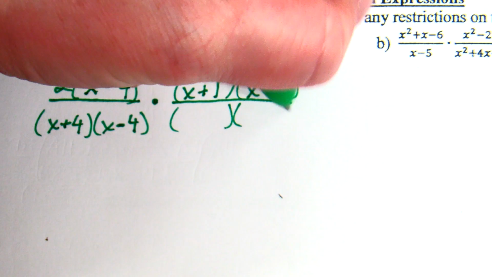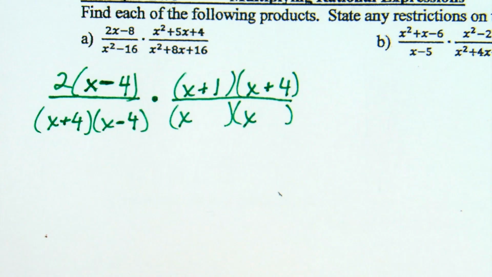Two parentheses. X squared is x and x. 4 and 4. Numbers have to multiply to be 16 and add to be 8. Okay.